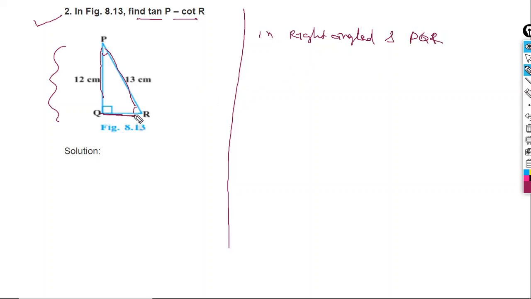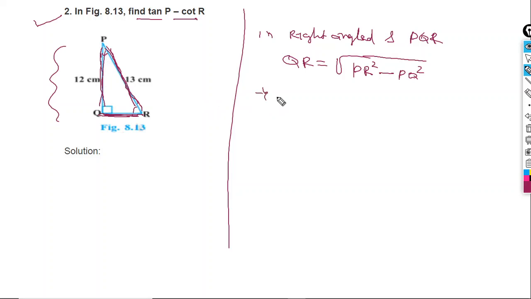we need QR. So QR is equal to root over of PR square minus PQ square. So this is your Pythagoras theorem. QR square is equal to hypotenuse PR square minus PQ square.